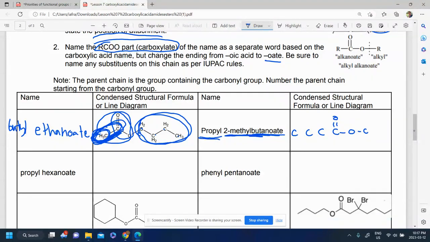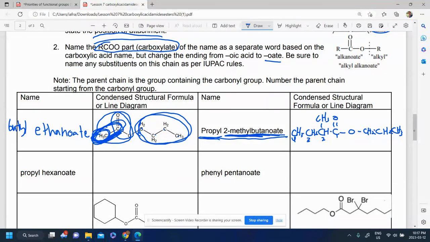So 1, 2, 3. We can put in the H's as needed. And on the butanoate, there's a methyl on carbon 2. So this is carbon number 1, 2, 3, 4. So this is carbon 2, CH3 here. And so we have H3, H2, H, and that's it. So there we have our ester drawn based on the name.